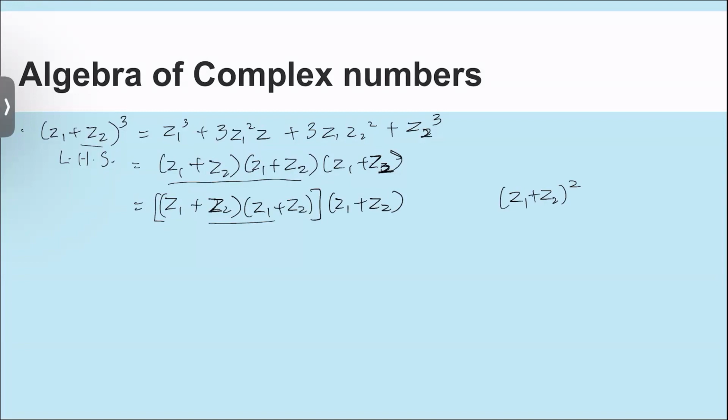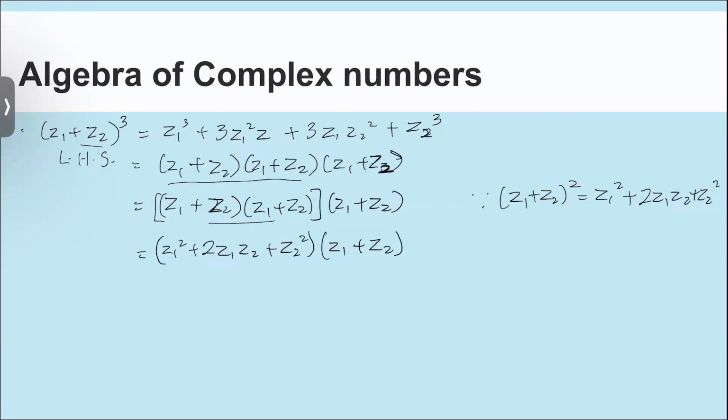But since we know this identity already, this would be z1 squared plus 2 z1 z2 plus z2 squared. Then we multiply this first bracket with (z1 + z2).